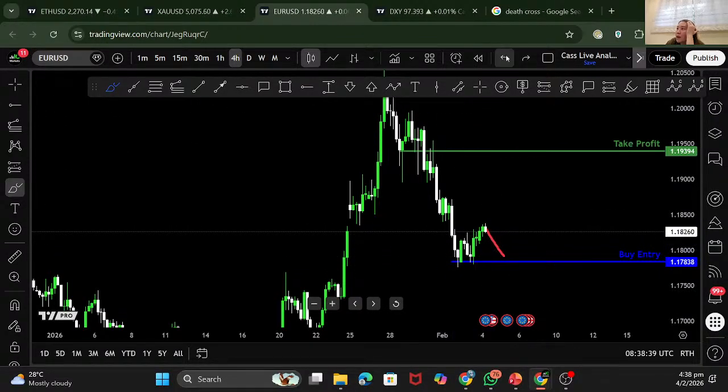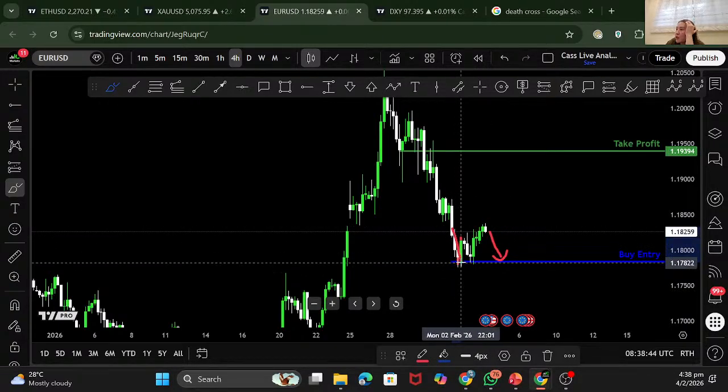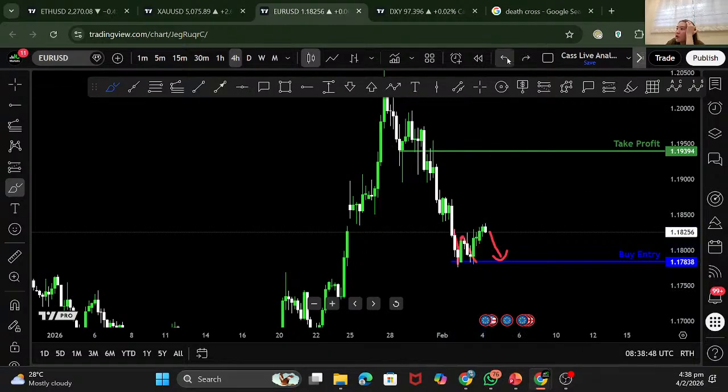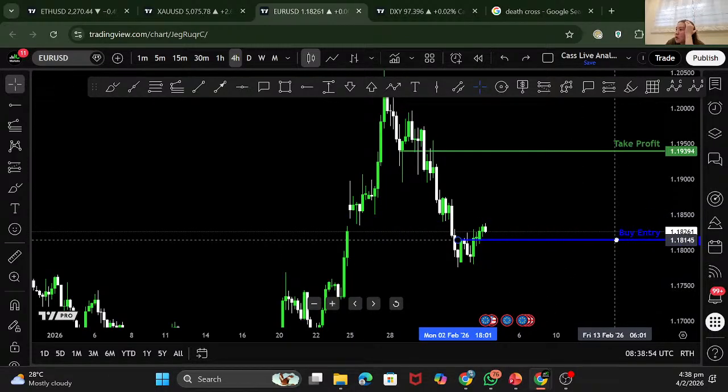I don't think price is going to pull back one more time. It already came here once, pulled back a second time, and then went back up. So I don't think price is going to pull back another time. What is the best? I think probably this.